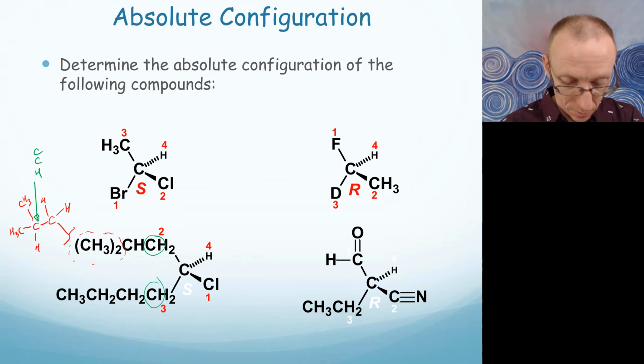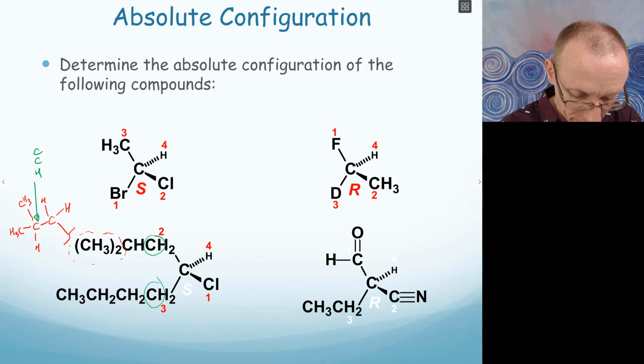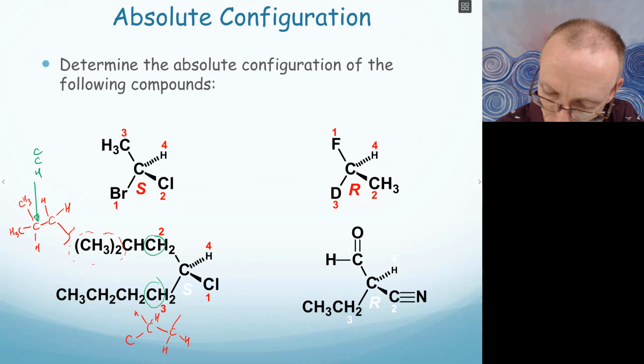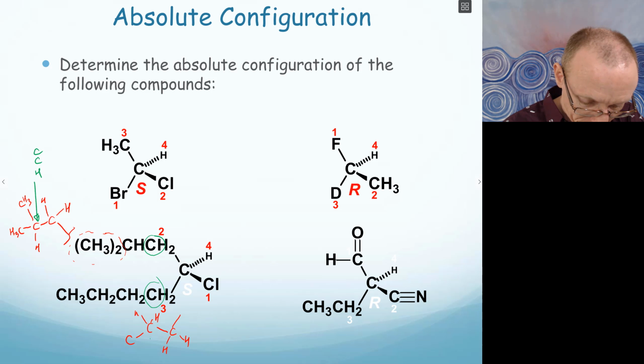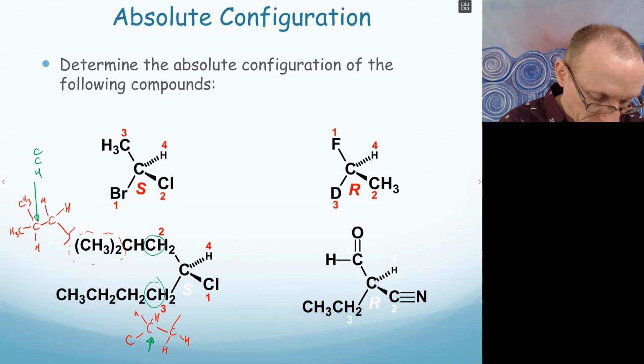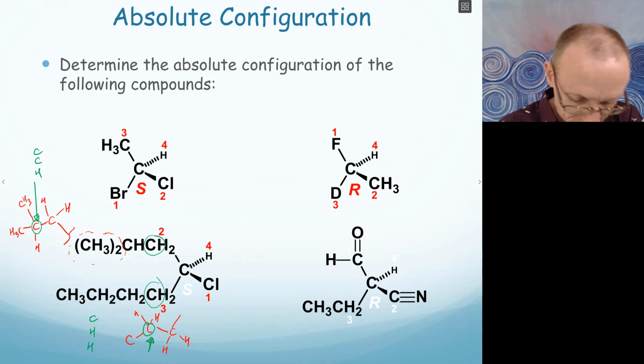Okay, so if we look at the one below it here, we've got a carbon going to a hydrogen, we've got a carbon going to a hydrogen and a carbon. So this was the point along the chain in which we're comparing to this one over here. And at that point, that carbon is attached to a carbon, a hydrogen, and a hydrogen.